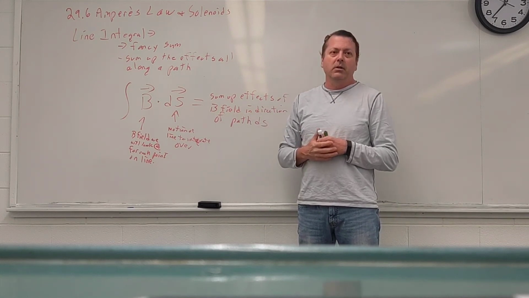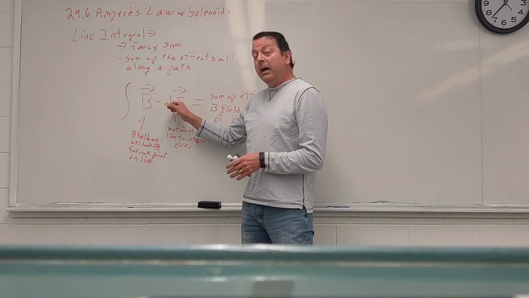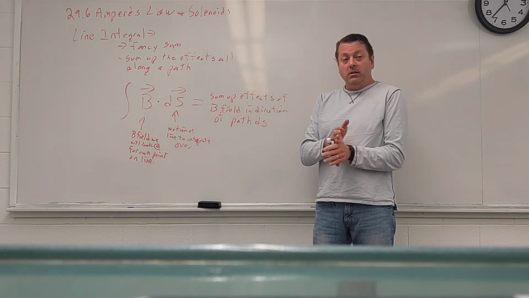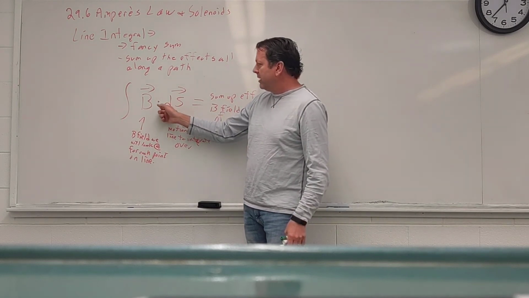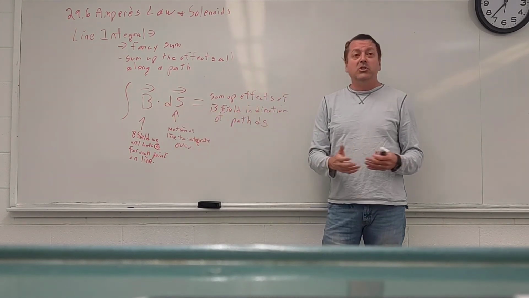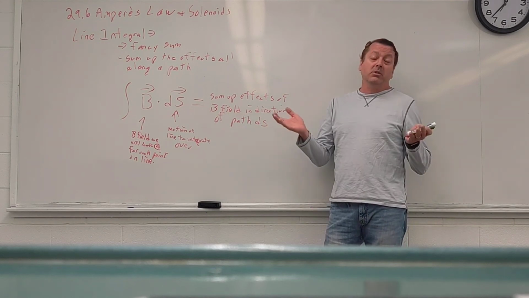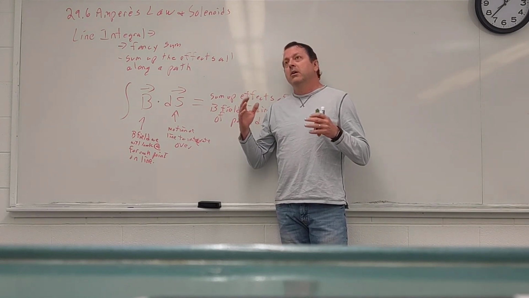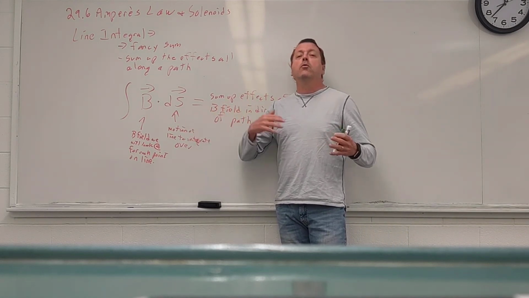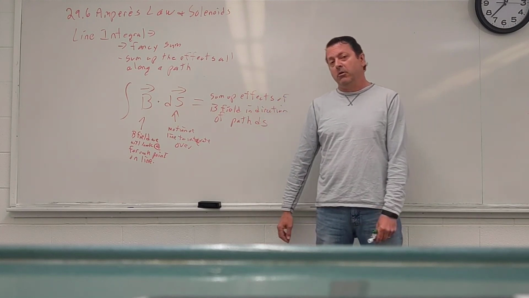If the B field is always in the direction of the path, I'm going to get maximum effect. If the B field is perpendicular to the path, since I'm doing a dot product, it's going to be 0 at that point. What we're going to try to do is make it consistent over the whole path, because that makes our integral a whole lot easier to integrate.